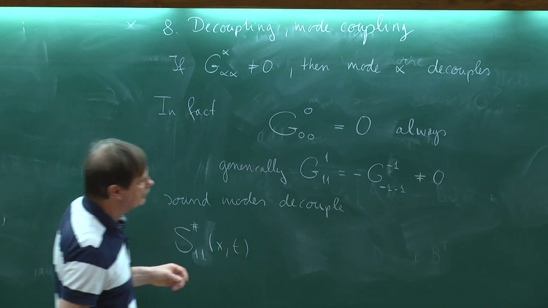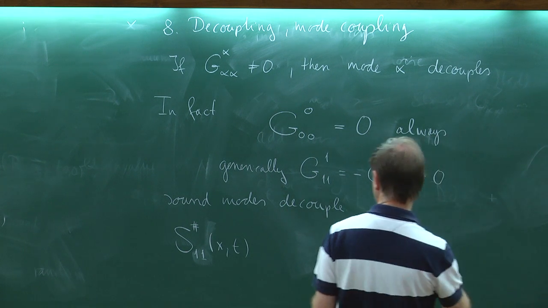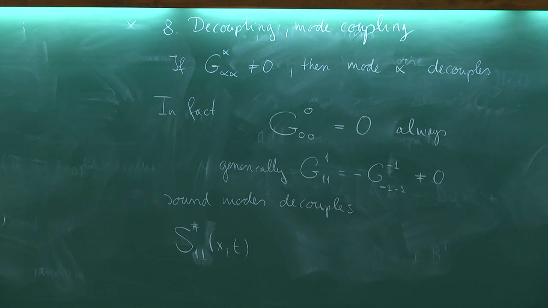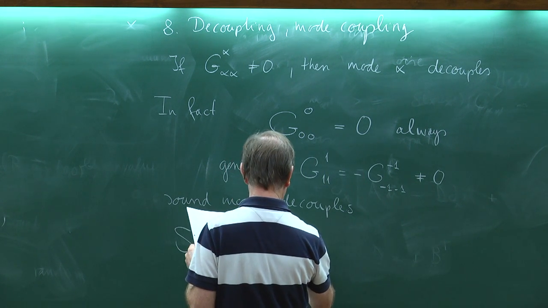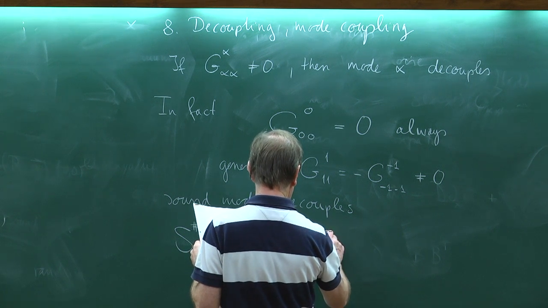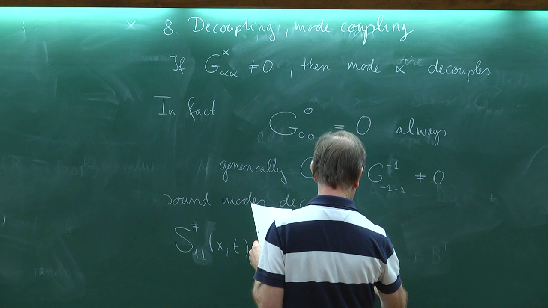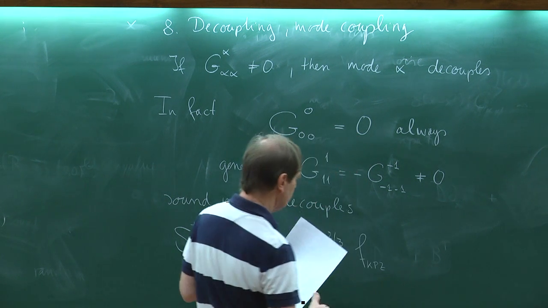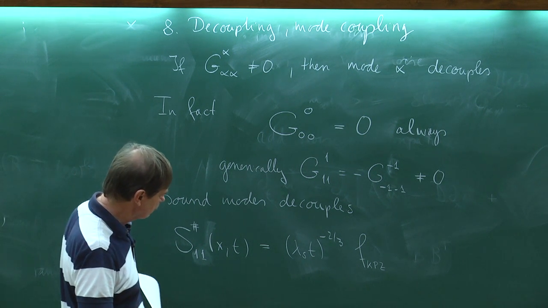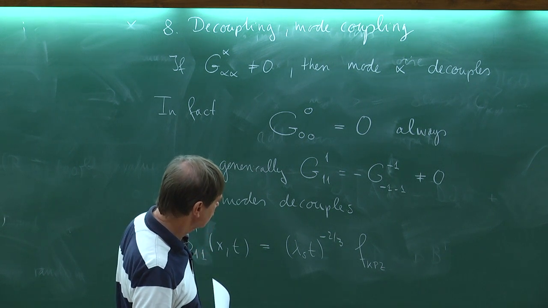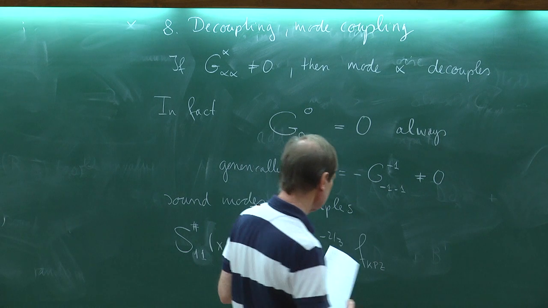Well, if it decouples, then I can use the fact that for this equation we do know the stationary covariance, and so we have a scaling form which tells us that this is equal to some coefficient which one can compute to the minus 2/3, and then there's a scaling function which is also known, which is not a particularly spectacular function, a symmetric function that decays with x as a stretched exponential, e to the minus x to the 3/2. So it's a nice localized function.